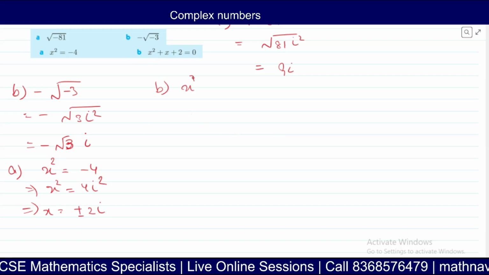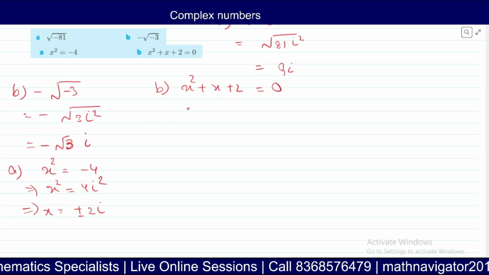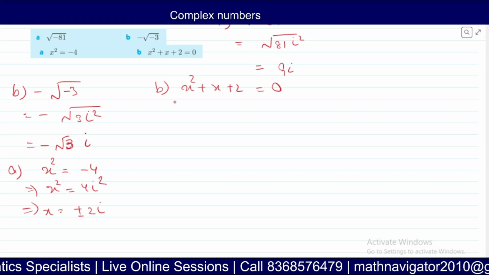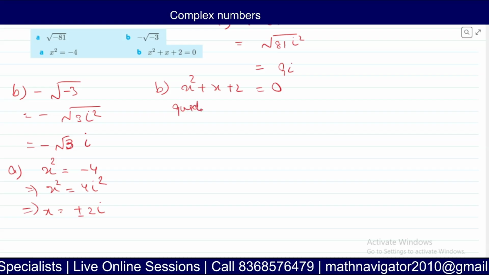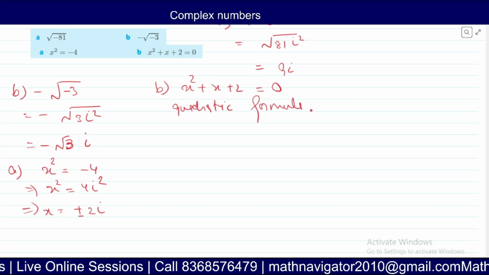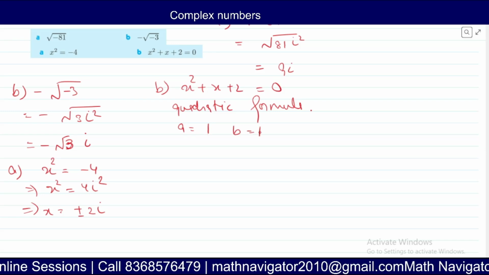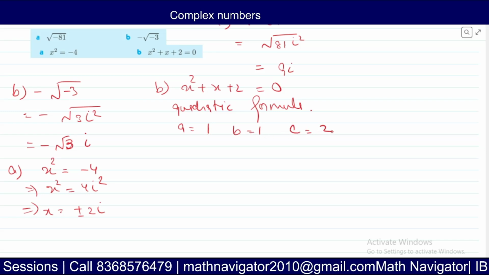B is x squared plus x plus 2 is equal to 0. So what I'll do is use the quadratic formula. A is equal to 1, B is equal to 1, C is equal to 2.